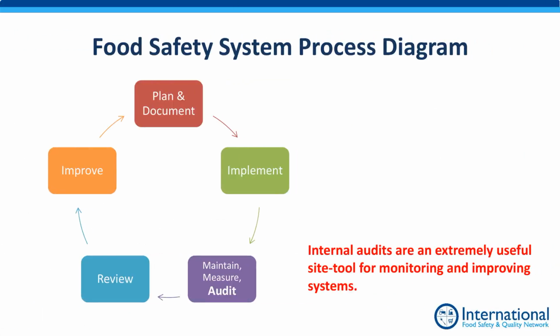So this is a food safety system process diagram. We plan and document our management system. We implement. We maintain, measure, and audit, review, and take actions to improve. So internal audits are an extremely useful site tool for monitoring and improving systems.